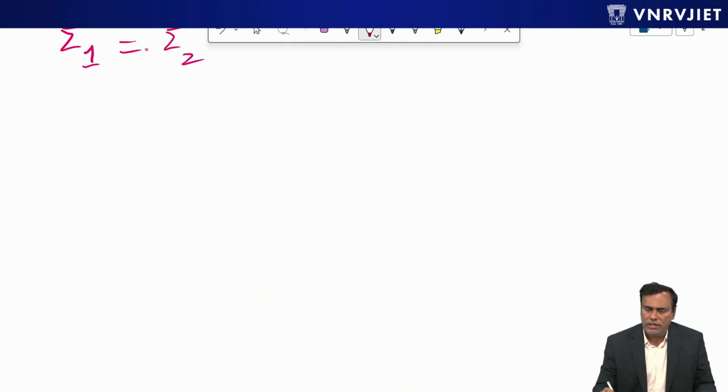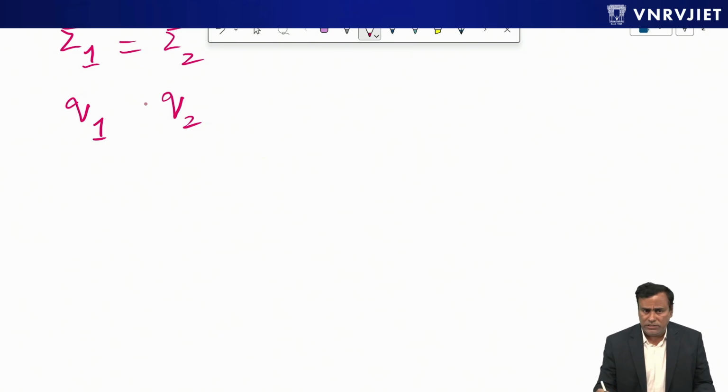And also the start state of the NFA, I have taken as Q1, and the start state of the DFA is Q2. The start state is going to be the same. In the example you have seen, when we converted NFA to DFA, whatever you have as the start state in the NFA, you got the same state as the start state in the DFA.